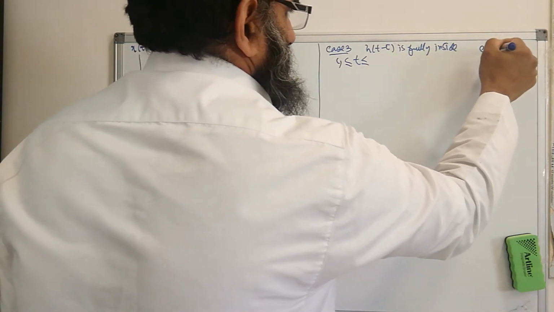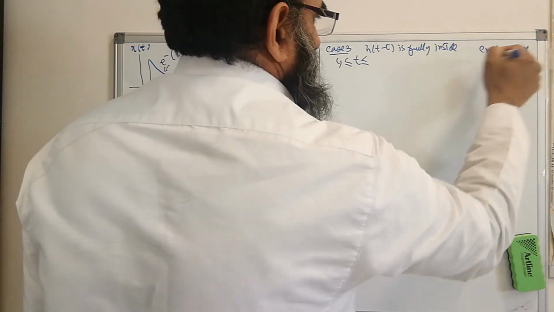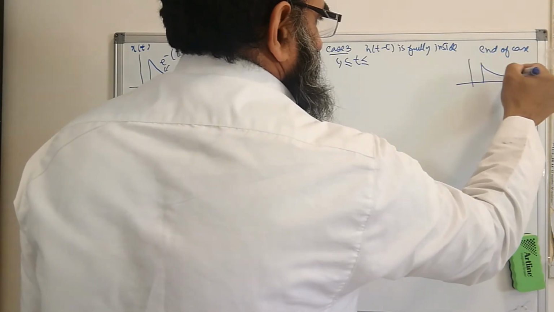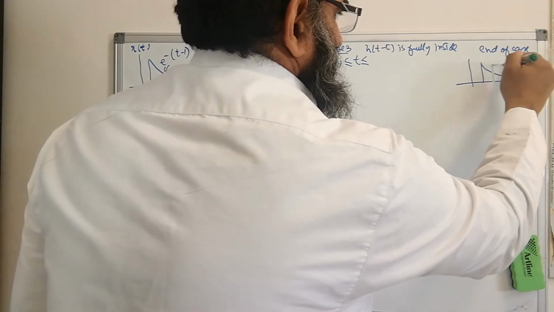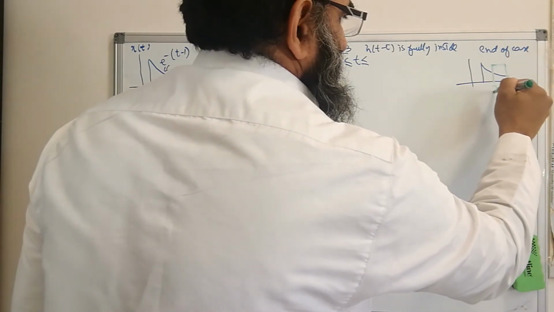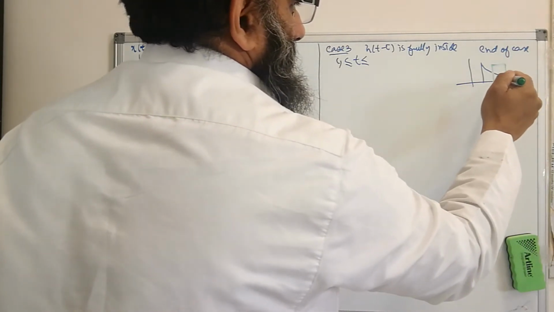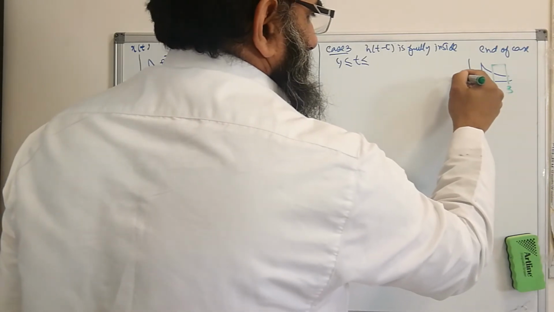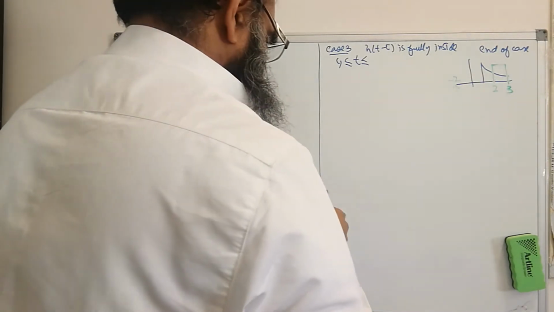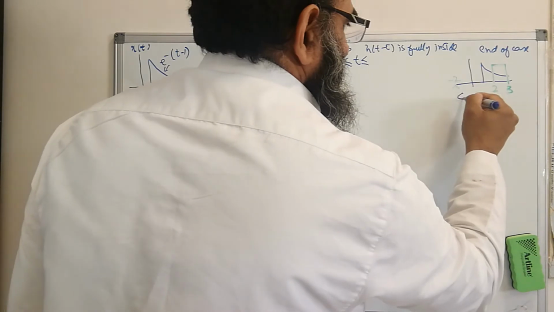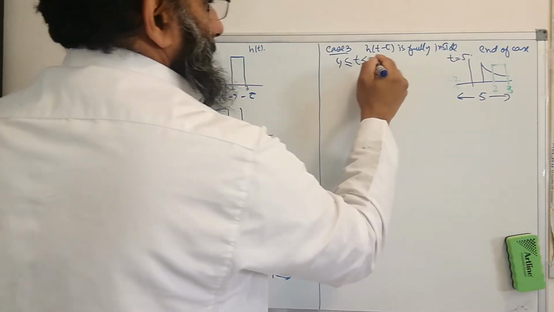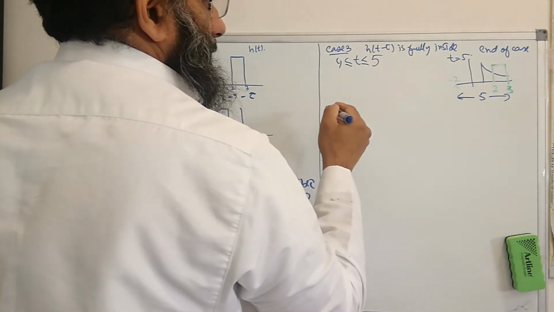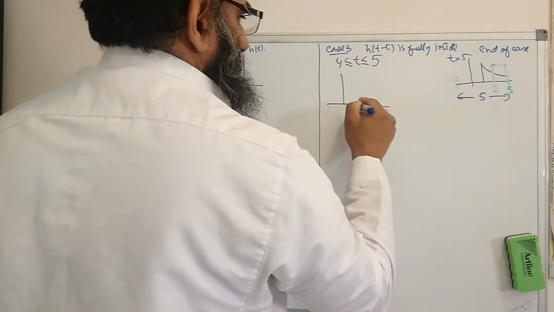But the end of this case will be when my pulse is just at the edge. So this is 3 and this is 2 because the width is 1, and this is my minus 2 reference. So this point is a shift of 5, t equal to 5. So this goes from 4 to 5.